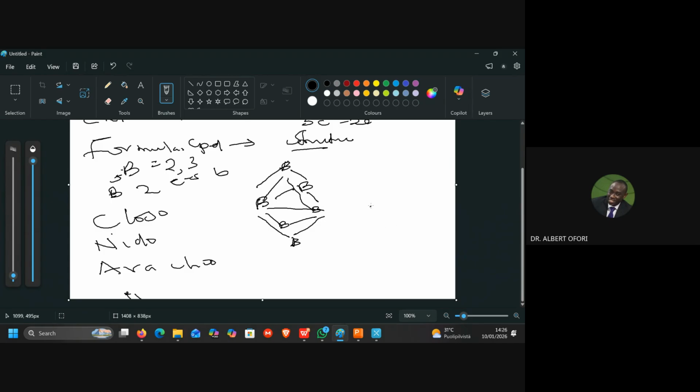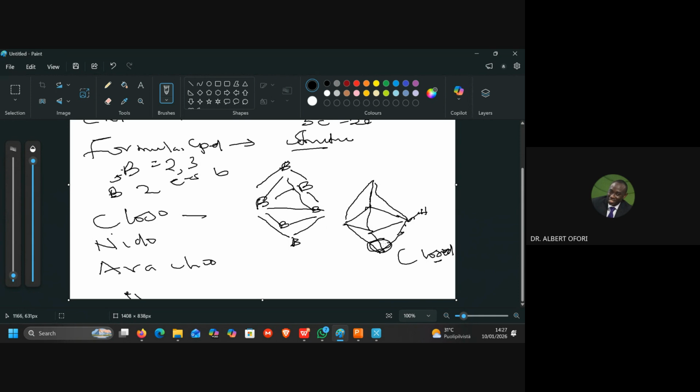Maybe I should draw it this way, like a triangle, and then forming this peak here and another peak here. So it's quite closed there. So there are 6 borons at the vertices, and there's nothing missing there. All of them are bound to a terminal hydrogen. This is what we call closo, from the word closed. So it's a closed system.